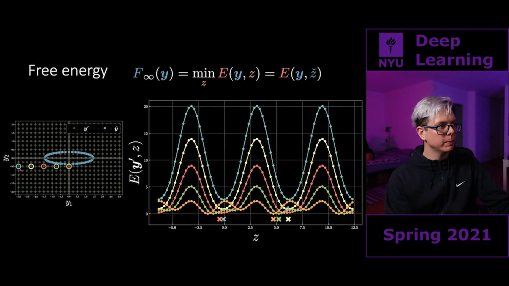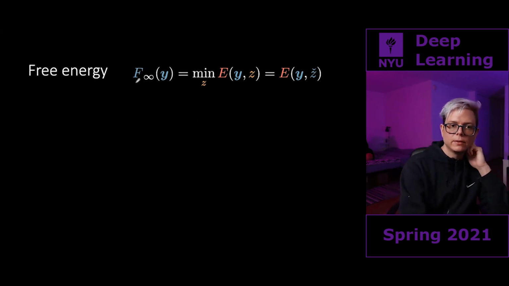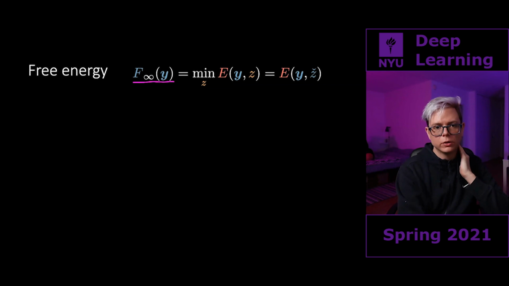So final question for people at home. What is this function over here? What is the domain and what is the image of this function? Can someone tell me? The domain is 2, right?